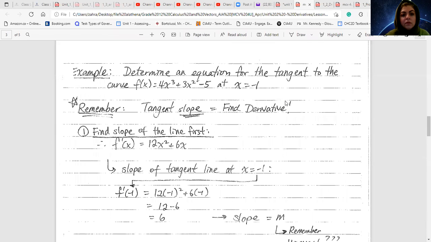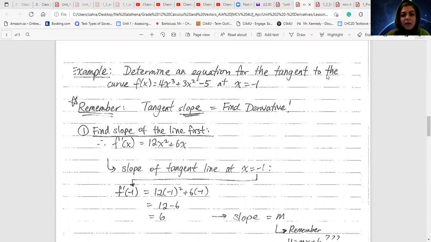Here's another example. Determine an equation for the tangent to the curve at x equal to -1. So this is your curve, and I want to find the equation of the tangent line at the point x equal to -1. To have this equation, you know the equation of the line is mx plus b. You need to have a slope.